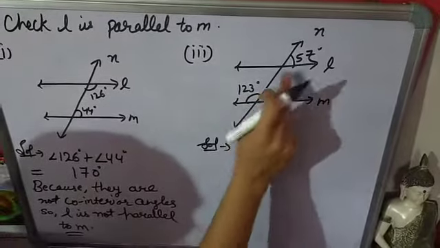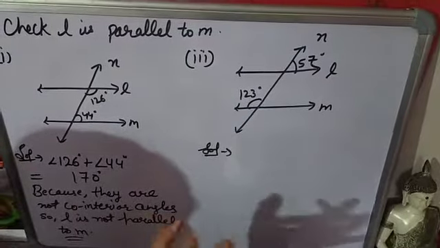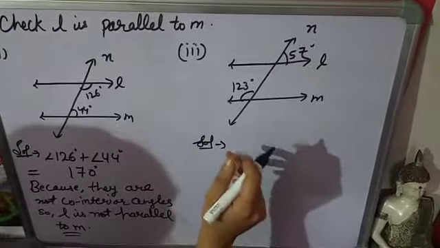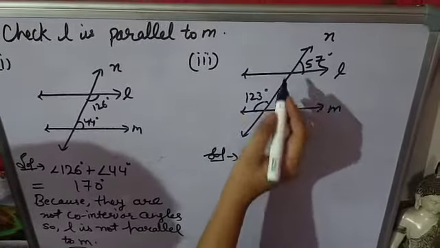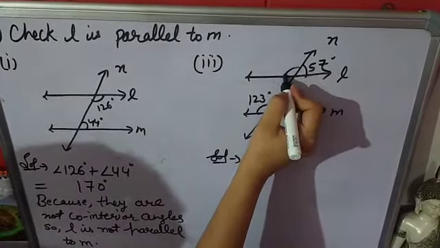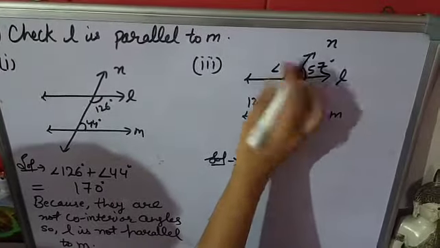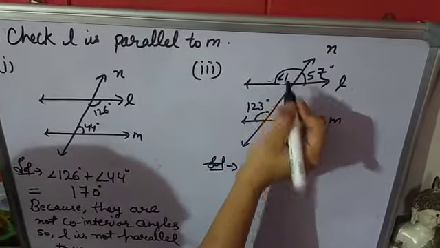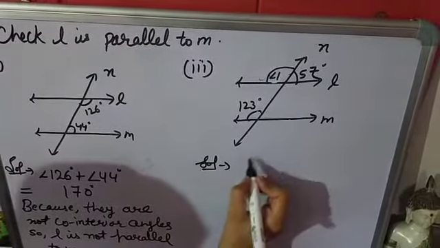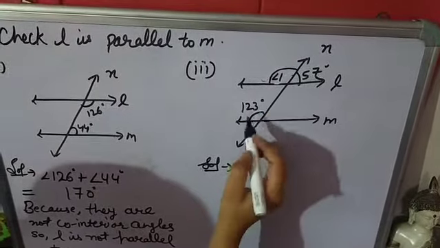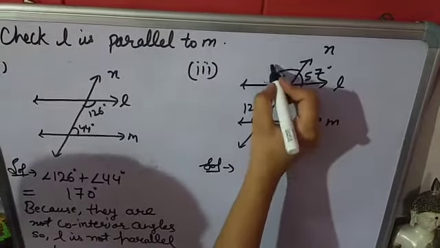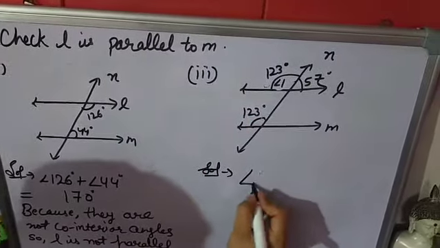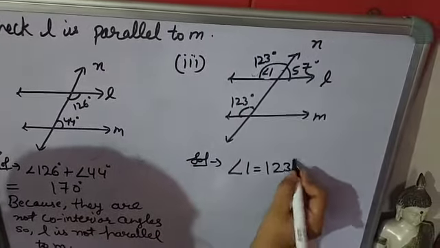Now 123 and 57 are not related to any property. So we will create a property. Let this be angle 1. We will assume it is 123, because both are corresponding angles. We will write here angle 1 is equal to 123 degrees.